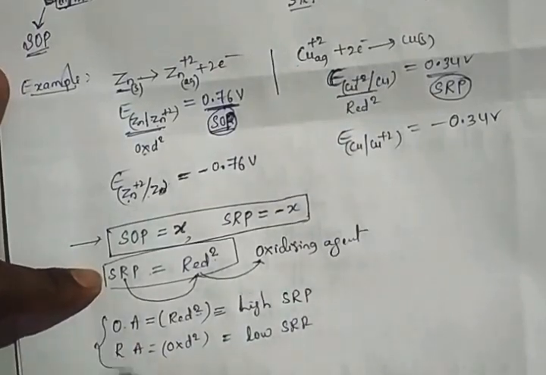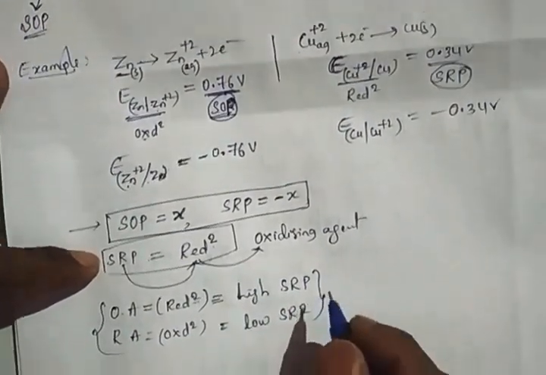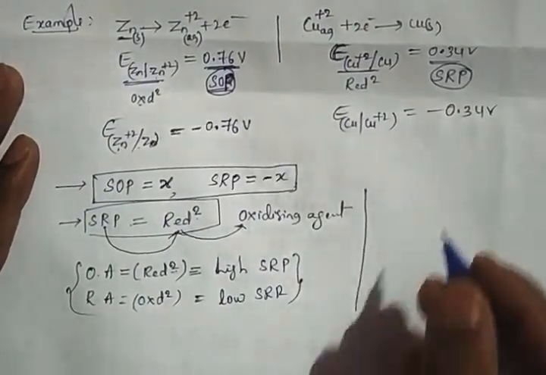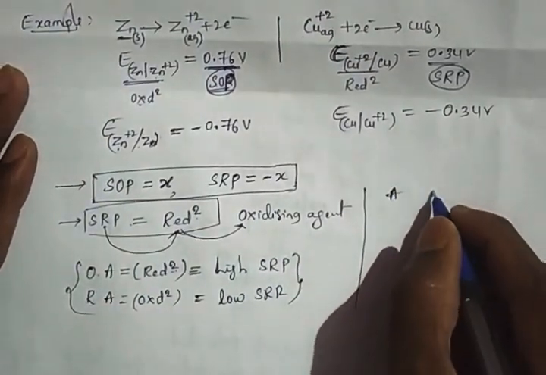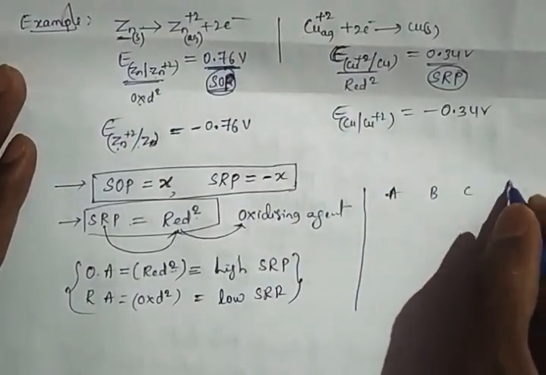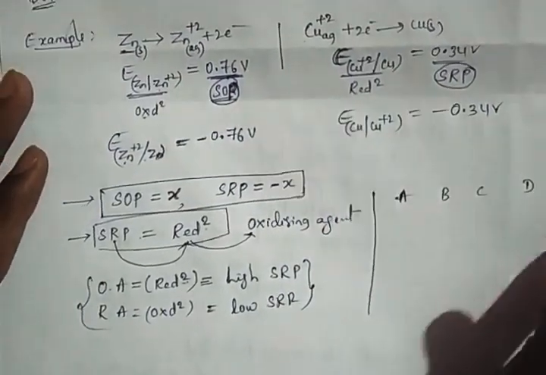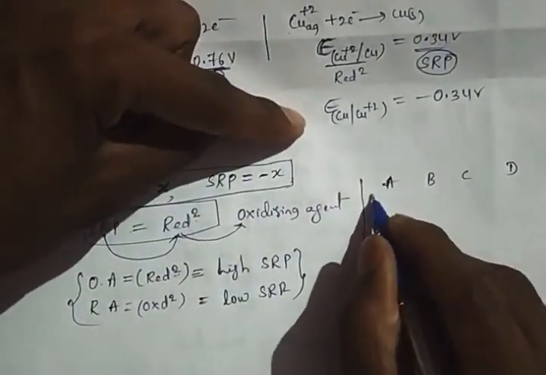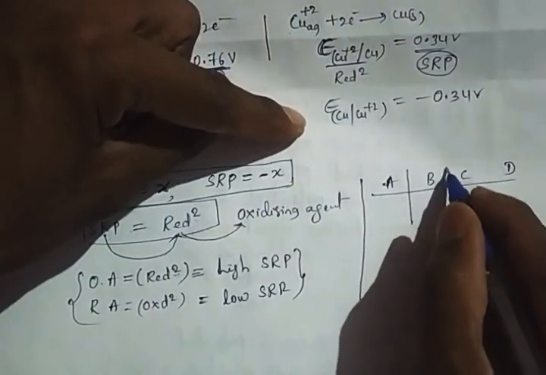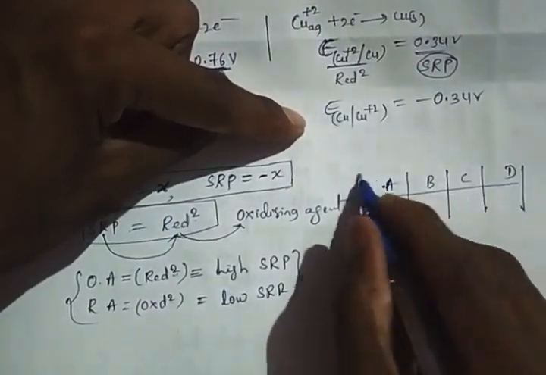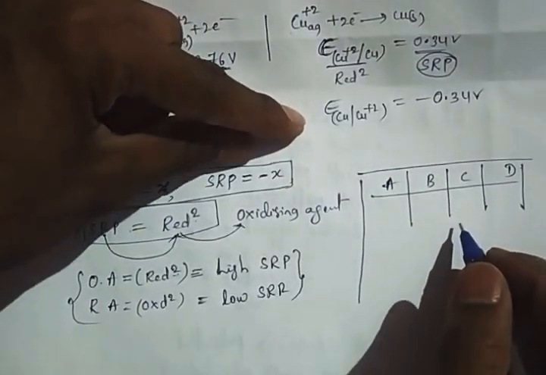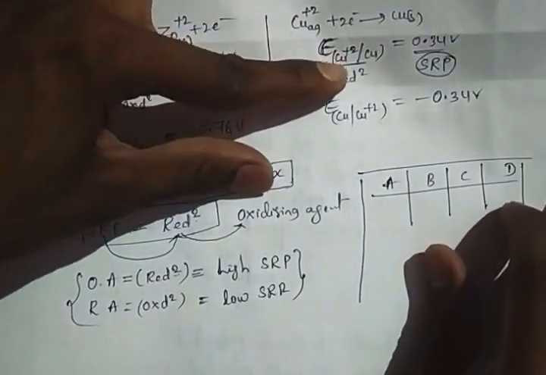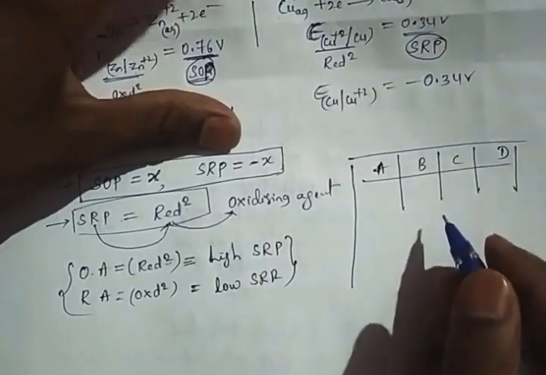Among two given values, for example, you can note this one. For example, if A, B, C and D are different electrodes whose SRP values I am giving here, the SRP values of these 4 electrodes. Assume you can choose any values. In general, I am just giving the explanation on this.